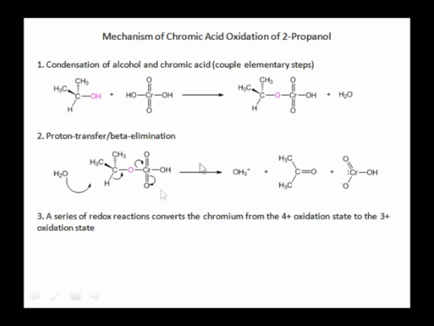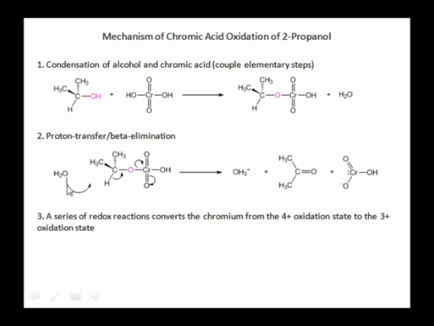They gain electrons. The chromate ester decomposes by a beta elimination. This is a kind of reaction that we've seen before. Essentially, this chromium is now a good leaving group, could accept electrons onto itself to be reduced.